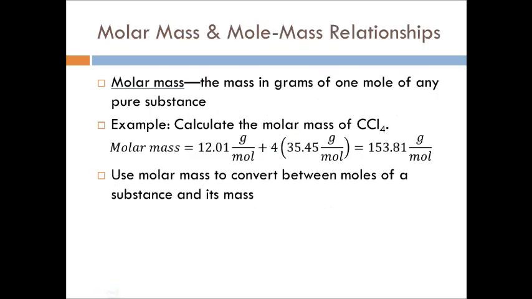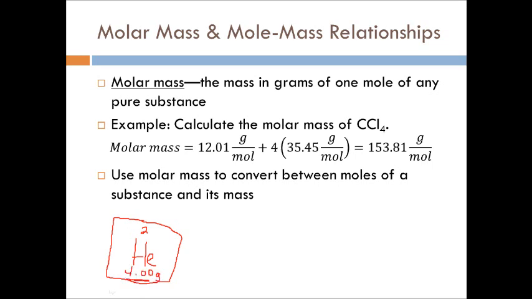Now, molar mass deals with the mass of an element. When we were talking about the periodic table last semester, we talked about some of the numbers they gave us. You have, let's say, helium. They give you the symbol in the middle, they give you the atomic number up top, but then they give you the mass down at the bottom.